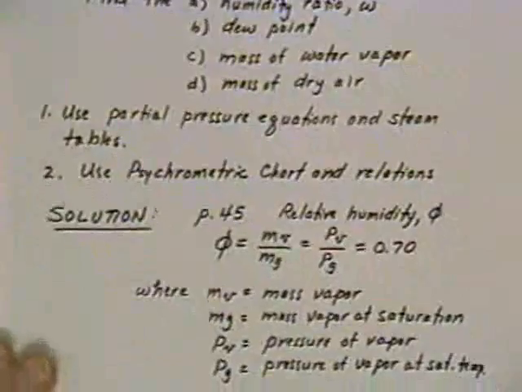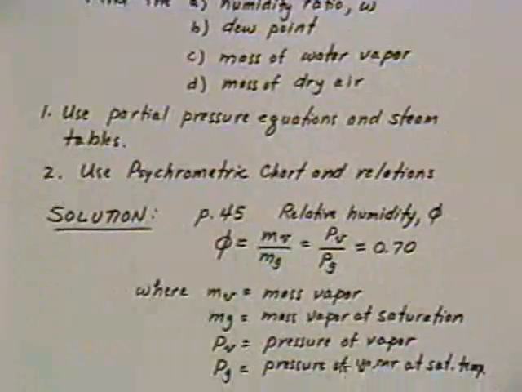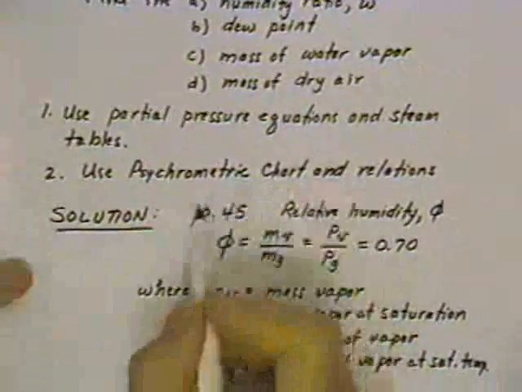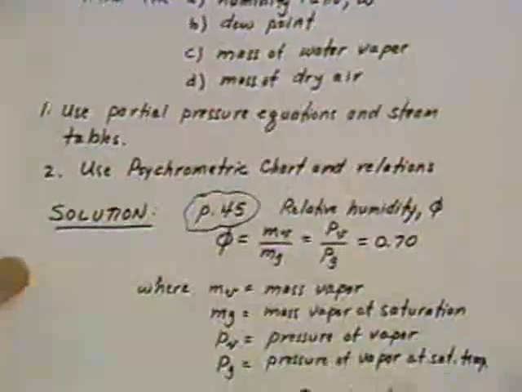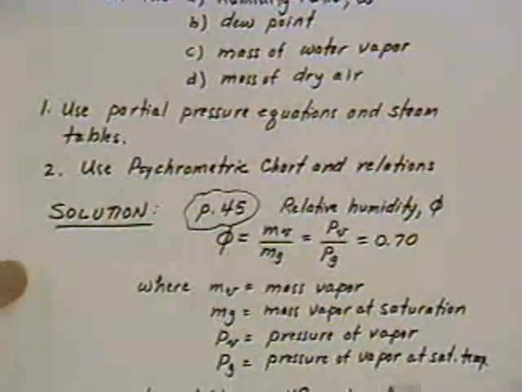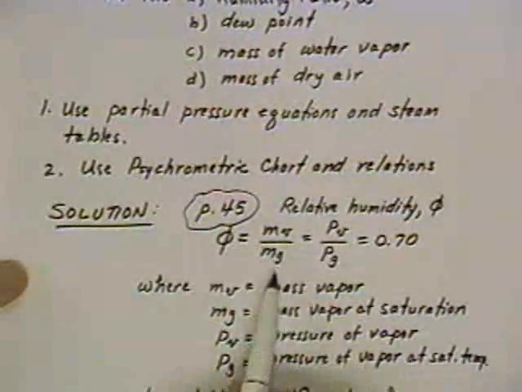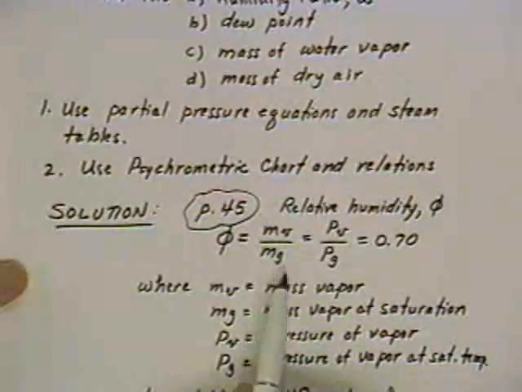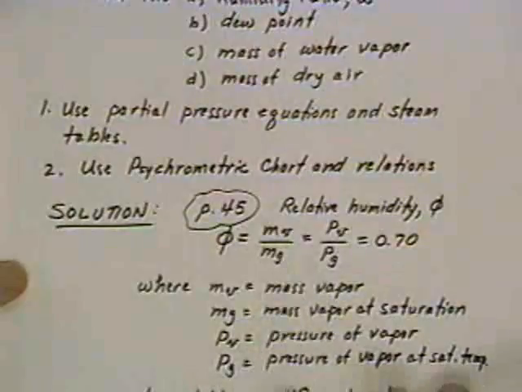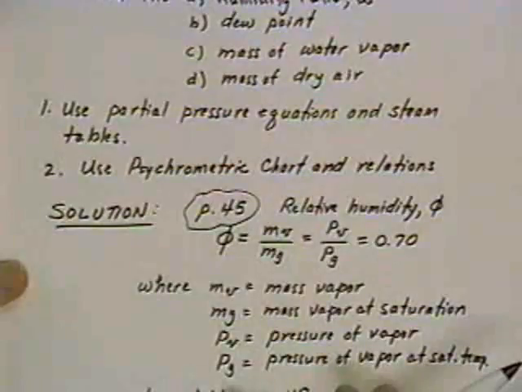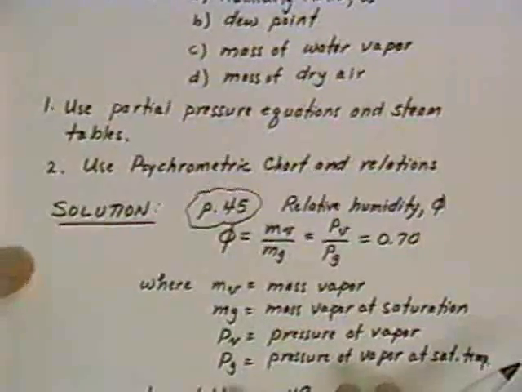Okay, relative humidity, first of all, defined on page 45 in the reference manual. Relative humidity phi is defined as the mass of vapor over the mass of the vapor at saturation, m sub v over m sub g. Relative humidity is 100% if the air is fully saturated and you can't get any more vapor into it.